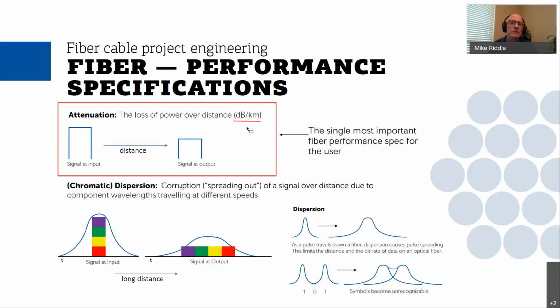So you could use dB per foot, you could use dB per mile, you could use dB per furlong if you wanted to. The concept applies regardless of which unit of distance you're using, and that is that you inject a certain amount of power at the transmission side of your optical link, and then over distance, the signal as received has less power in it, and that's expressed as dB loss.